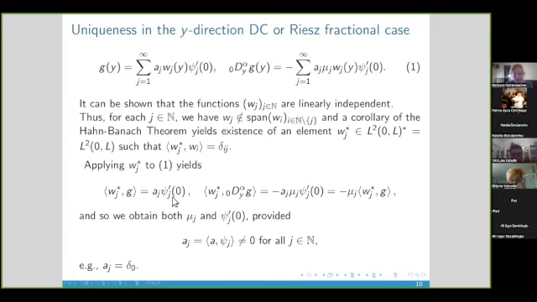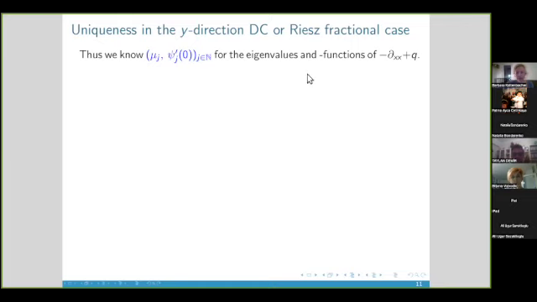we can really extract all the spectral information, namely the boundary value of the flux and the eigenvalues and eigenfunctions of this operator here. And now what we are going to apply is Sturm-Liouville theory.